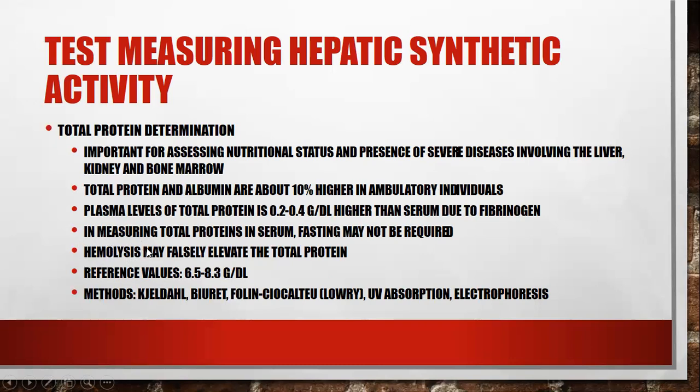That's why it may actually cause false higher readings, giving us falsely elevated total protein levels. So normally the values of total protein in the serum range from 6.5 to 8.3 grams per dL. And the usual methods used to determine total protein are as follows.